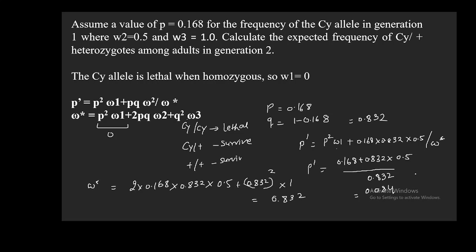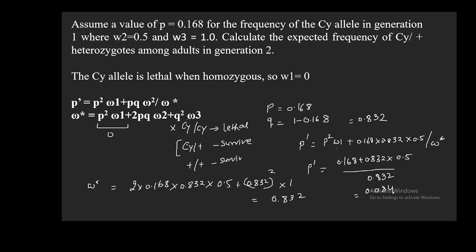0.084. Now the question is, because the CY allele is lethal, what is the expected frequency of this heterozygous genotype? The frequency of the CY allele is exactly half of the plus allele, because the frequency of CY/CY is going to be 0. So only CY that is contributing to the survival is in the heterozygous genotype.